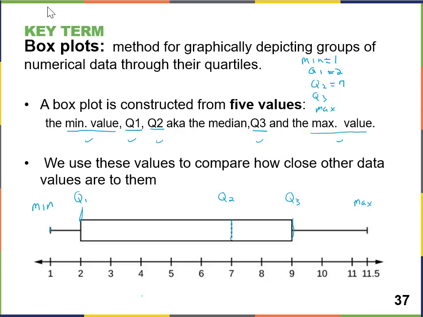My Q3 is at 9. And my max looks like 11.5. I can read these values right off here. There's my max, my Q3, my Q2, my Q1, and my min.